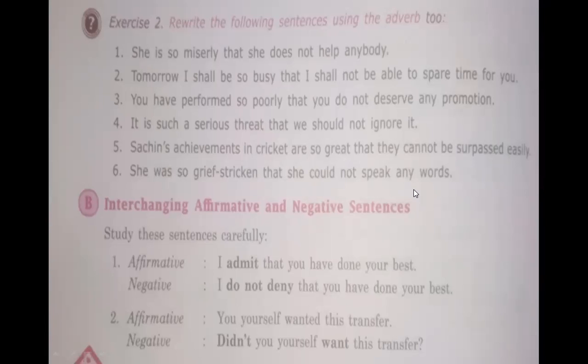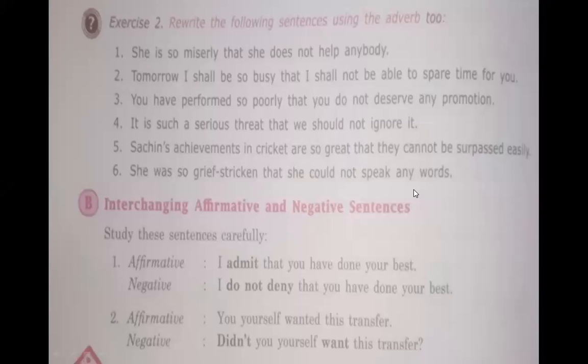Don't deny means admit. You see, the smallest part of the sentence is changed, and the rest of the sentence remains the same. There is a change of verb only, right? Instead of admit, we are putting deny with negative. So it gives the same sense. Like this, we need to get it.